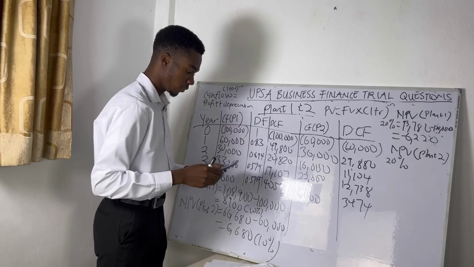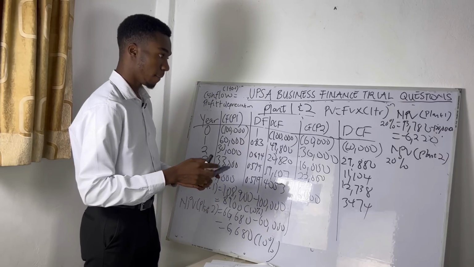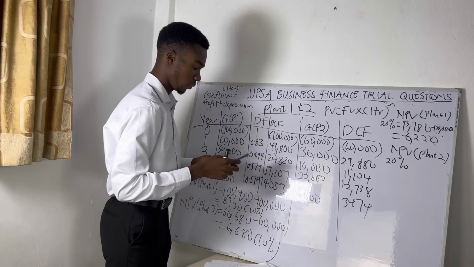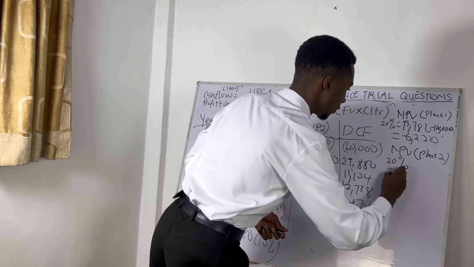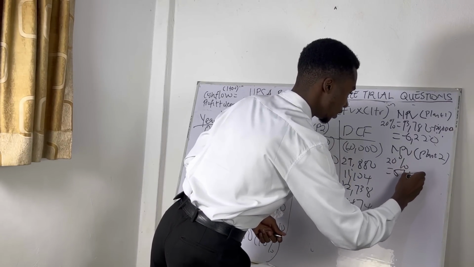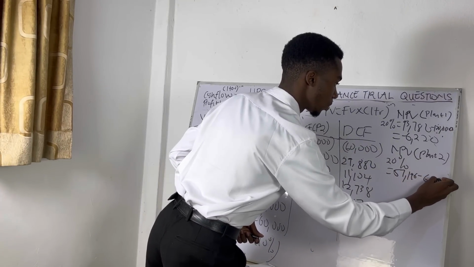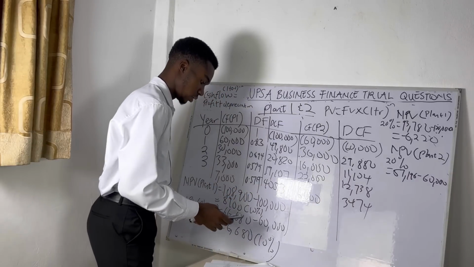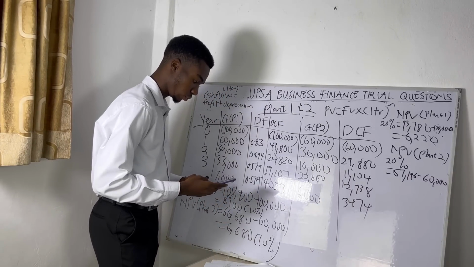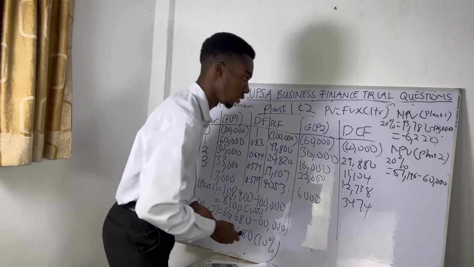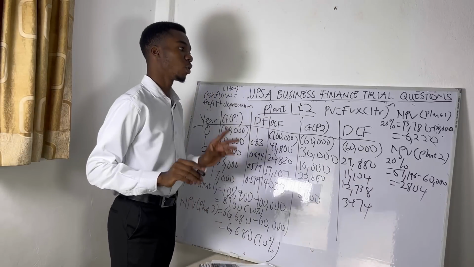Then we are getting 57,196. So 57,196 minus the 60,000, which is the cost. So what do we get? 57,196 minus 60,000, then negative 2,804. So now we've got all the net present values.